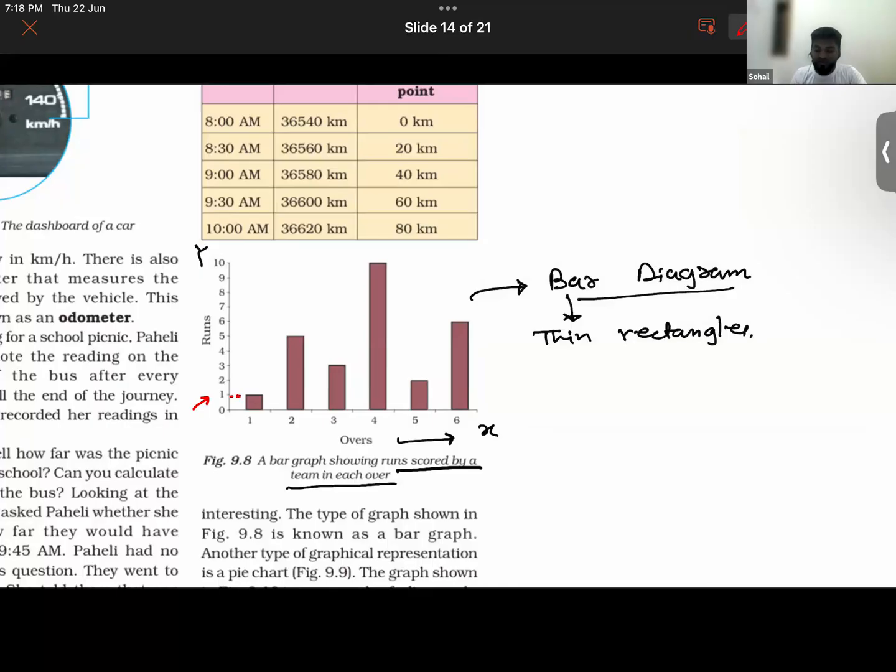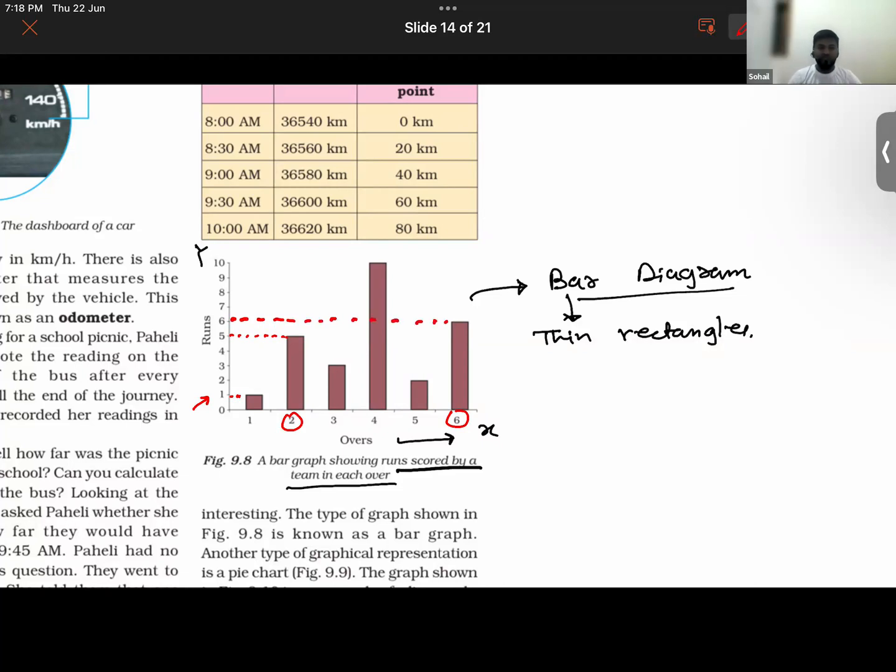Right, Mufaz? Then for the second over, how many runs were scored? 5. It corresponds to 5 on the y-axis. Similarly, for 6 overs, how many runs were scored? It was 6 here, since it corresponds to 6 on the y-axis.